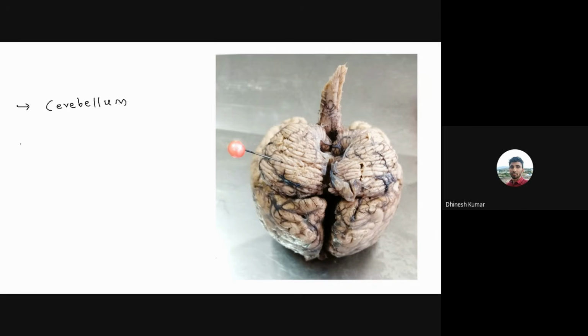Coming to the sub question, it may be: mention the nuclei of the pinned structure. In each cerebellar hemisphere, we have 4 nuclei. From lateral to medial, we have the dentate nucleus, emboliform nucleus, globose nucleus, and fastigial nucleus.